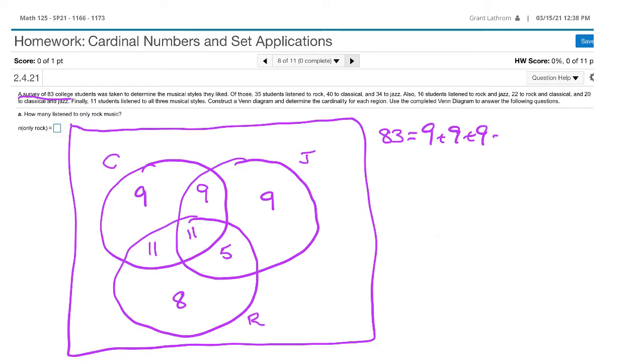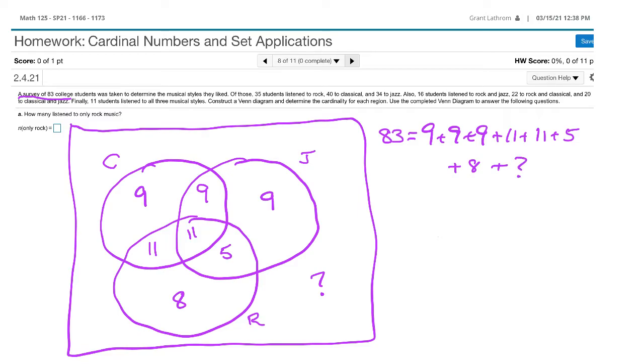There are 3 regions in the middle. I have 11 plus 11 plus 5, and then I have another plus 8 left over on the bottom, and then plus the number outside that do not listen to classical, jazz, or rock. And so that makes up our remaining amount.